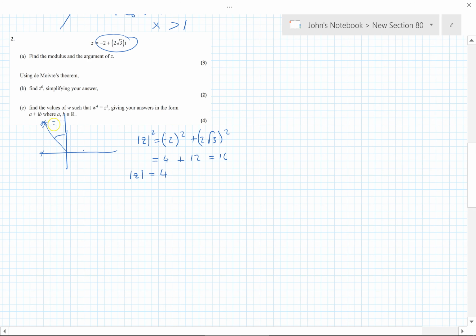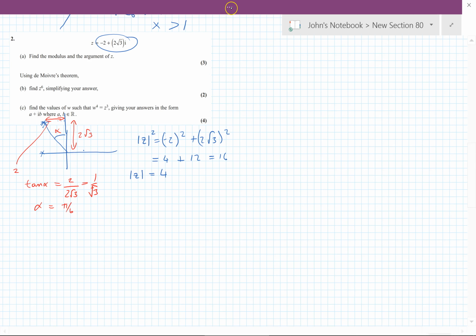So this side here, let's do a different colour. That side there, because the x coordinate is 2, and this side here is 2 the square root of 3. So this angle alpha, tan alpha, is equal to 2 over 2 the square root of 3, which is 1 over the square root of 3. So we have alpha is equal to pi over 6, but we're adding that to pi over 2.